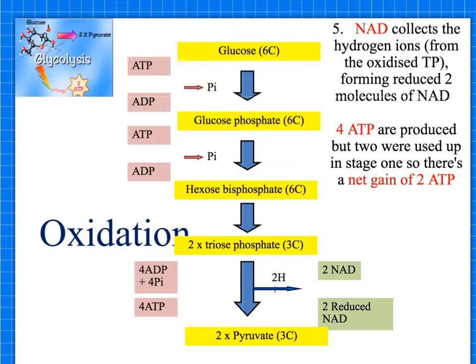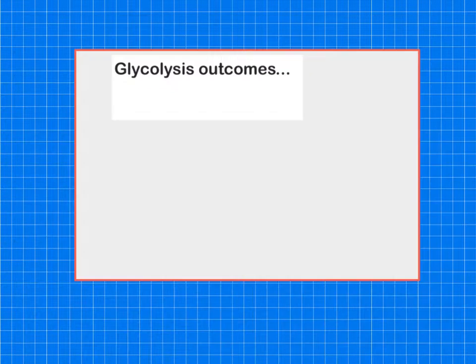So to summarize the final things, NAD collects the hydrogen ions when the triose phosphate is converted into pyruvate as it's oxidized, and that forms 2 reduced NAD, or NADH. Then 4 ATP are produced, but 2 are used up in stage 1, so there's a net gain of 2 ATP.